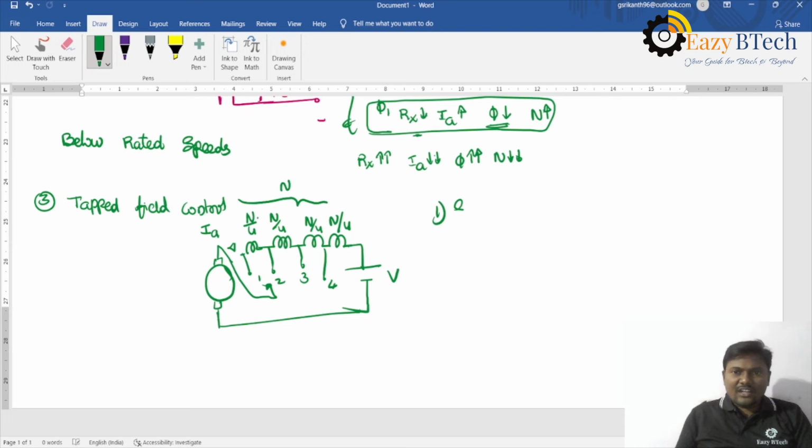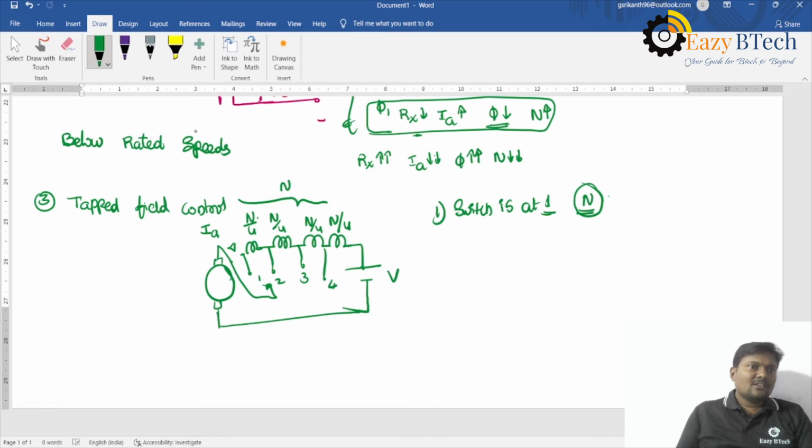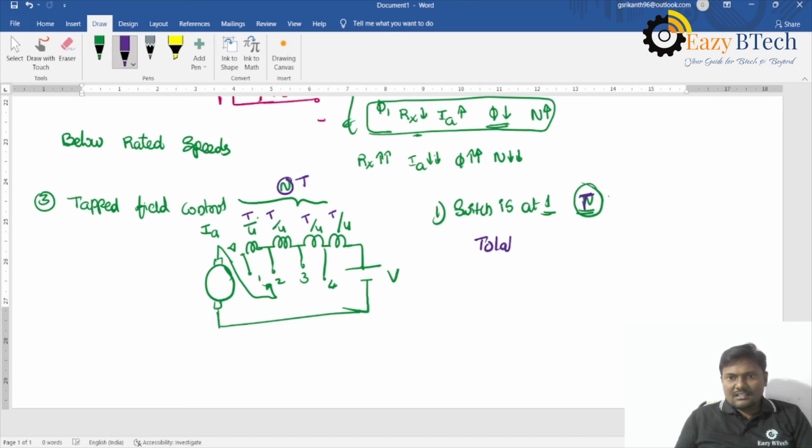If the switch is at position one, the total number of turns is the full winding. To avoid confusion, since n is assigned for speed in a DC motor, I will use t for the total turns.